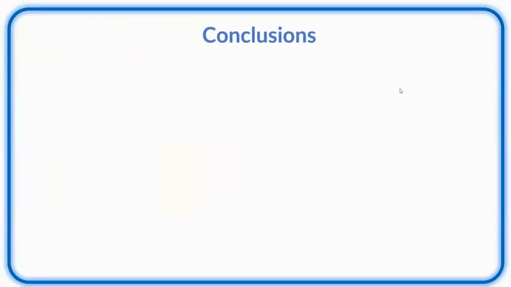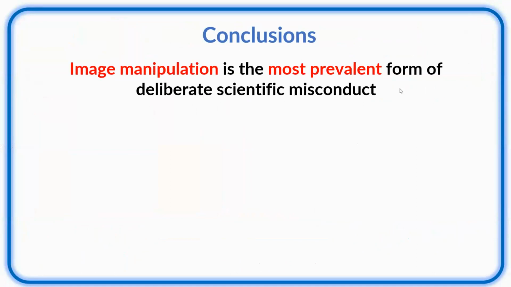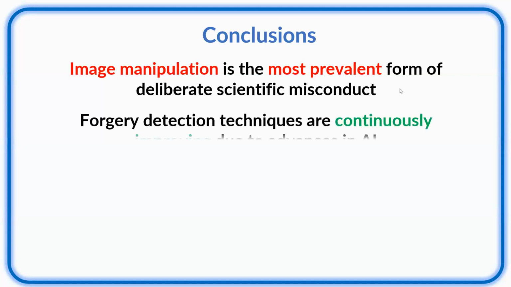Now towards the conclusions, image manipulation is the most prevalent form of deliberate scientific misconduct. Just in the year 2020, 5,000 different cases of image misconduct were documented in literature, and a lot of them had to do with splicing and copy move forgeries and even the image reuse that I just showed you.